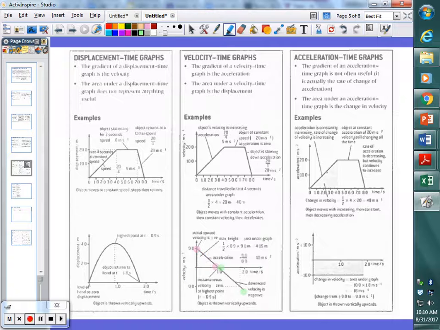As we throw an object up in the air, what happens to its velocity? It slows down until it reaches, at the top, then turns around, starts accelerating again in the negative direction, right? What do we notice about the slope of this graph the entire time?